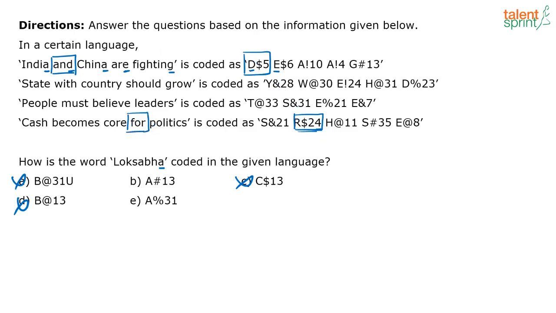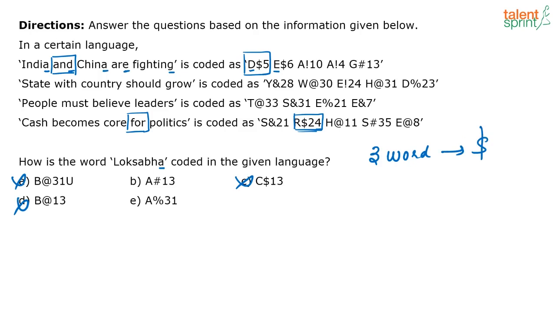Now what is the common thing that you see here between the words AND and FOUR? The number of letters in the word. Here also it is a 3-letter word, correct? A, N, D is a 3-letter word. Here also it is a 3-letter word. So I think the coding they have followed is this: if it is a 3-letter word, the symbol to be used is $. Let us check it for some other word also to verify.